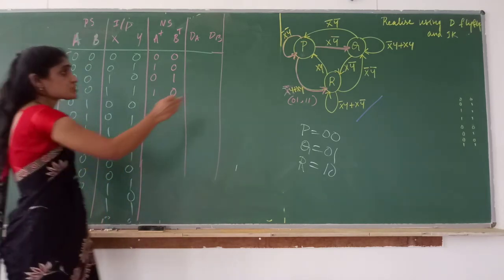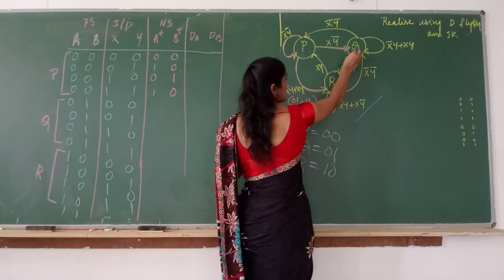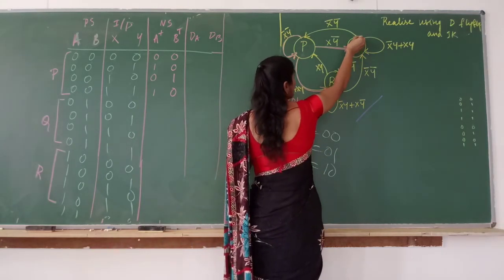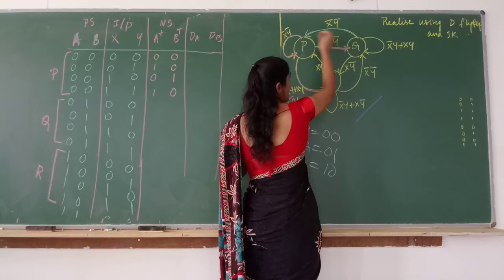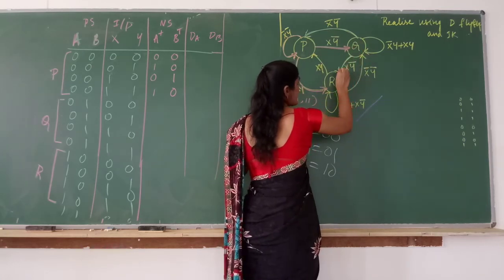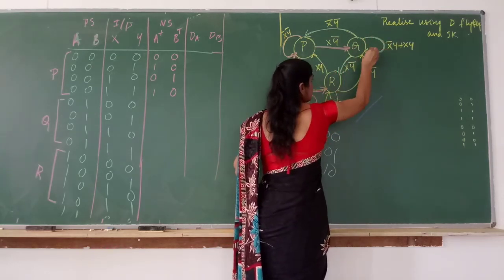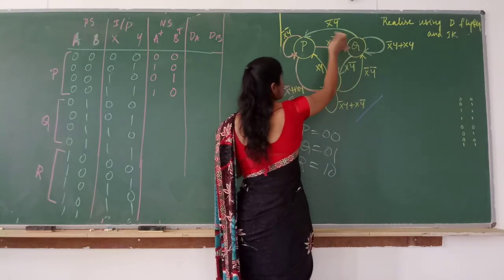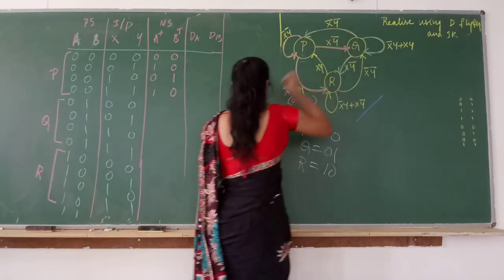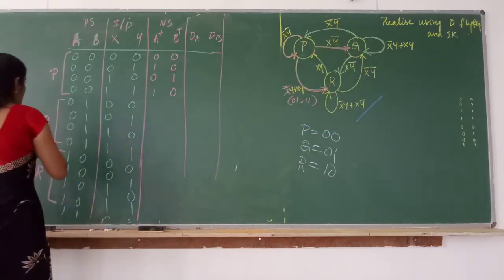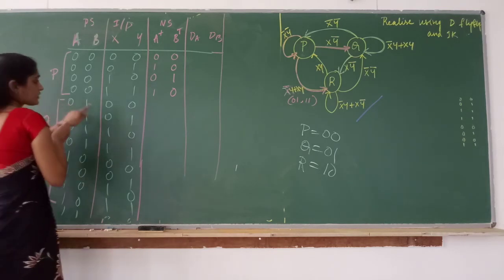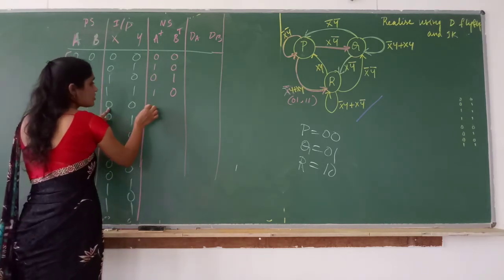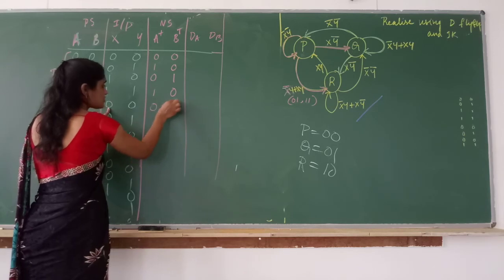When present state is Q, again 3 more arcs will be going out. This is 1, this is 1, and this is 1. So Q to P, when x is 0, y is 0. So if present state is Q, when x is 0, y is 0, transition to P. P is what? 0, 0.